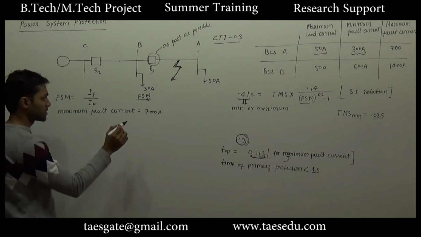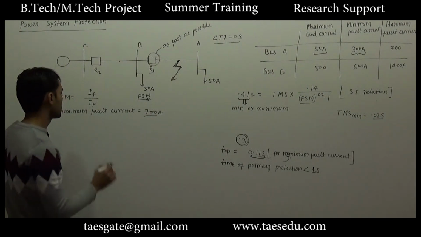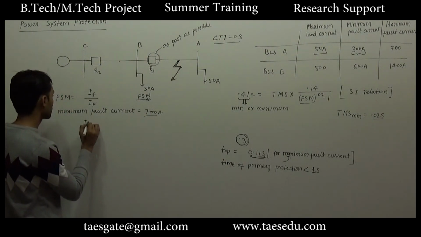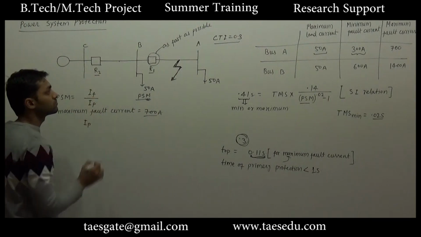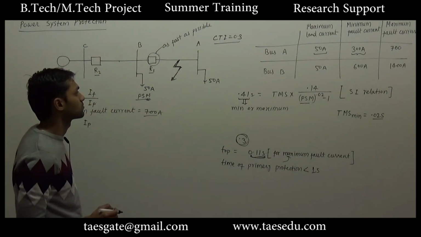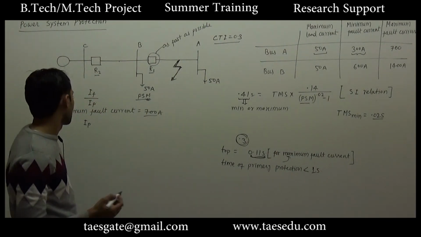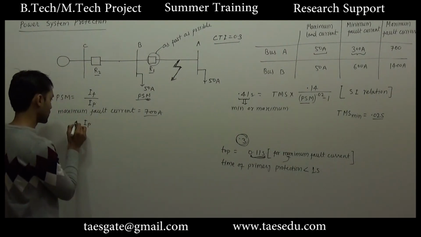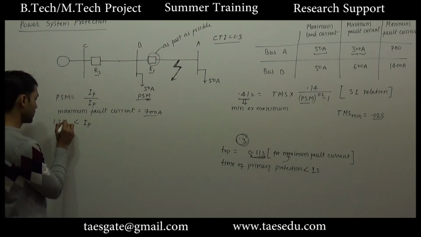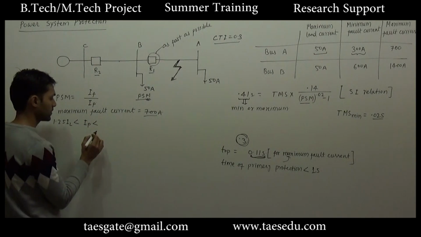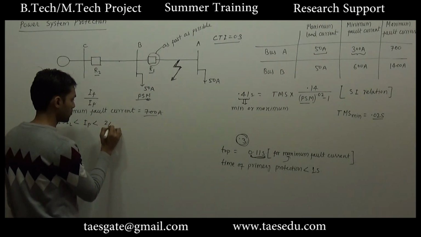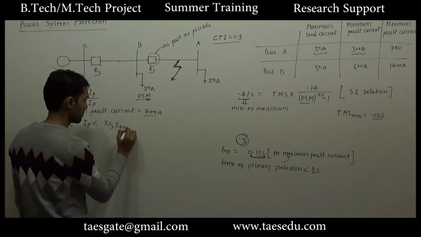Okay, so the maximum fault current is 700 ampere. Now what should be the pickup current for relay 2? Again I will write the formula. The pickup current should be 1.25 of load current and 2/3 of minimum fault current.